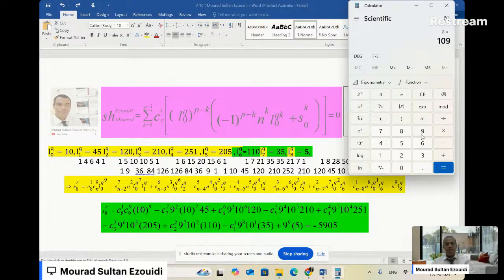So it will be 9 times 10 raised to the power 9, minus 81 because 9 squared times 10 raised to the power 7 times 45, plus 9 cubed is 729 times 120, 10 raised to the power 6, minus 9 raised to the power 4 times 10 raised to the power 5.